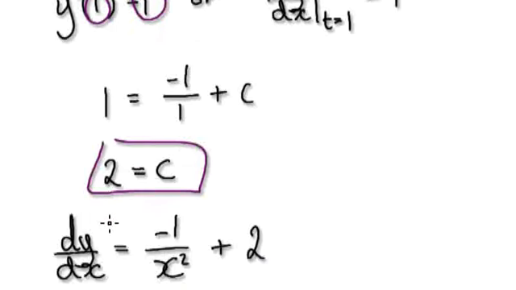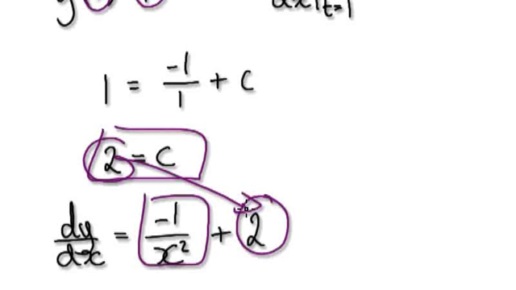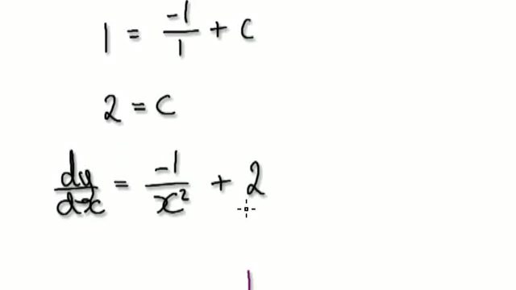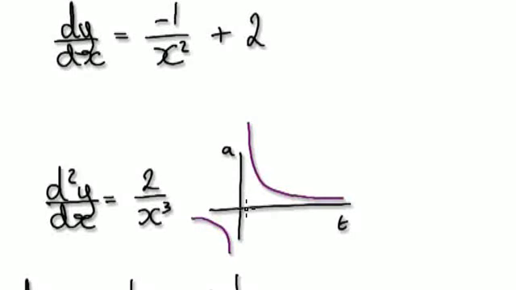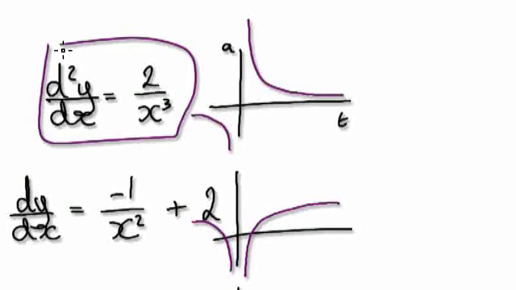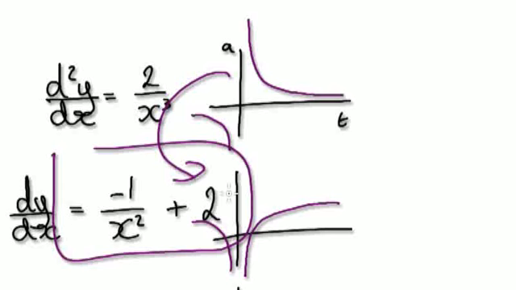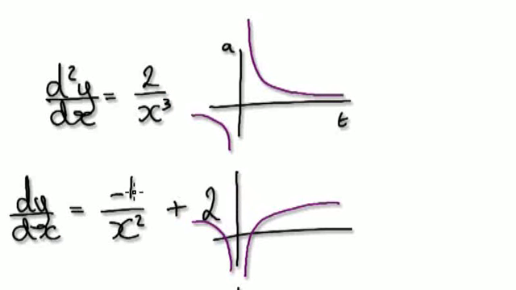So now we know dy by dx equals this thing, and the constant here is 2. So now we've got our velocity, if you like. So far we were given this, and when you integrate it once, it gives you this thing. We managed to work out our constant, and if you get a graph plotter and plot this, it will give you something like this.